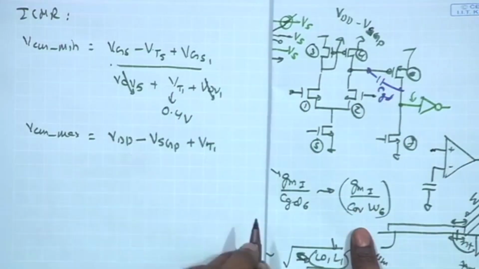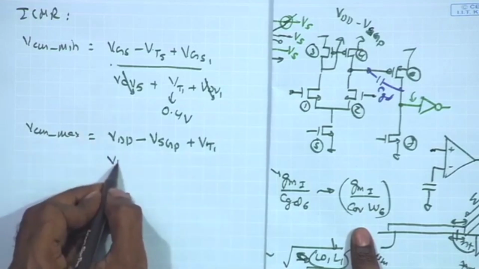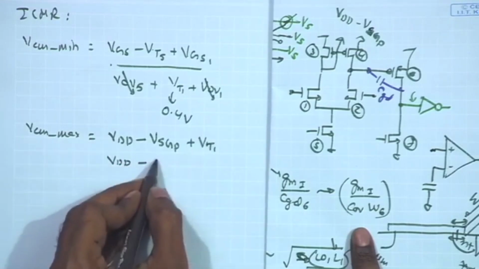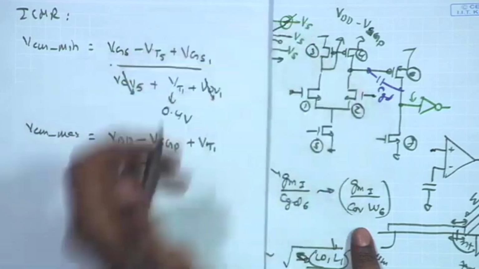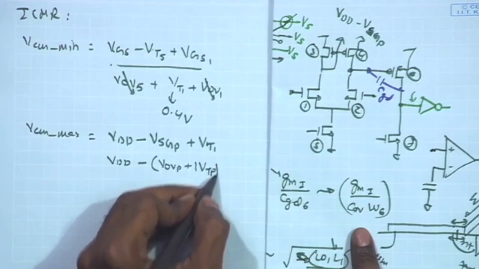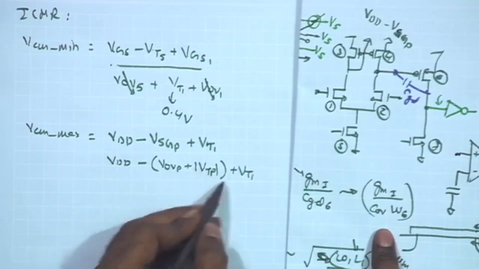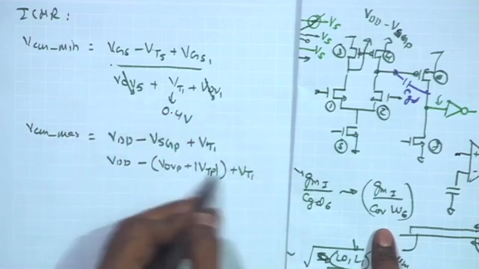So, once again we can represent this VSG as the V overdrive of P plus mod VTP, and I have VT1.